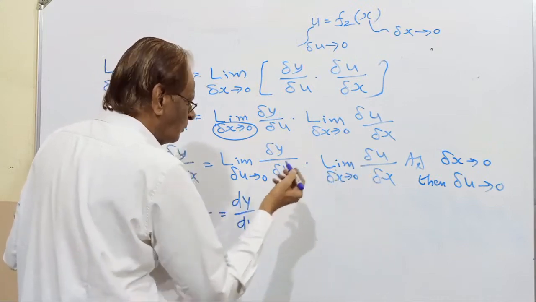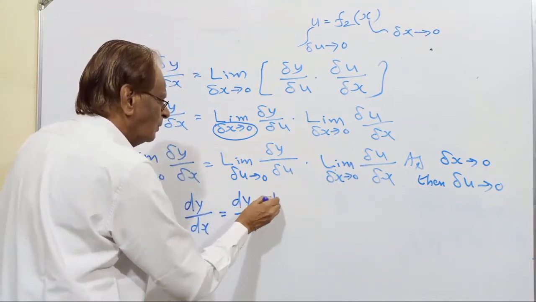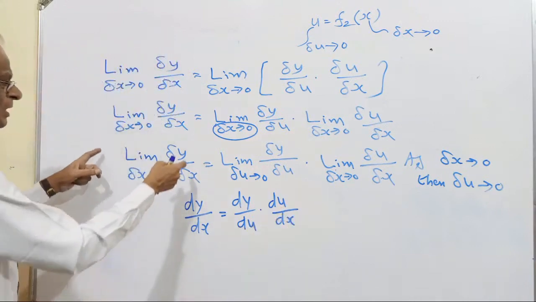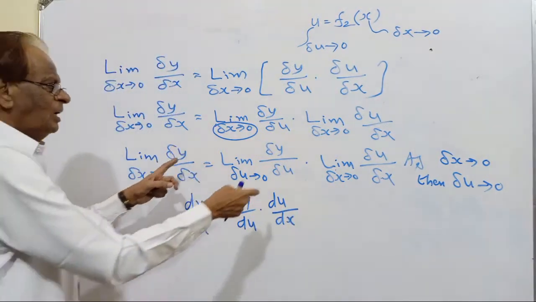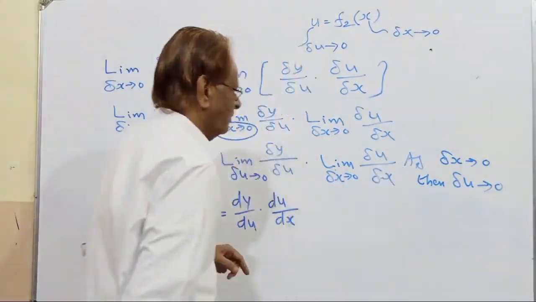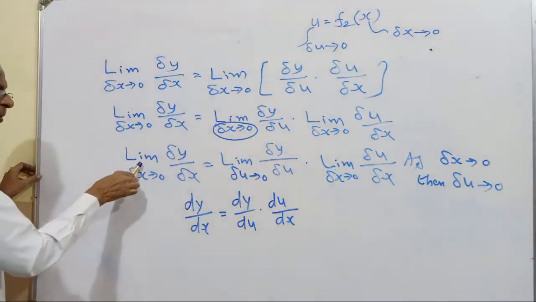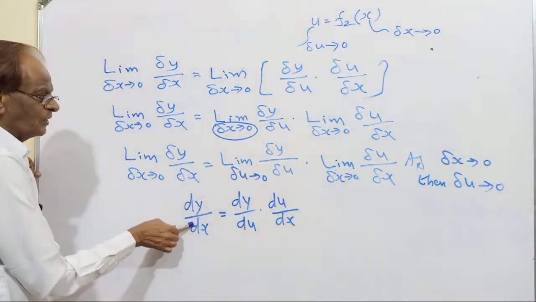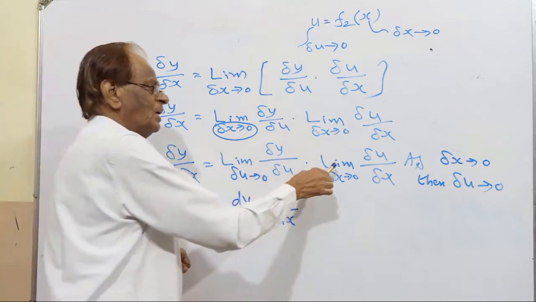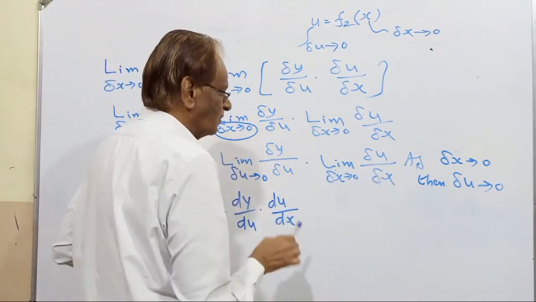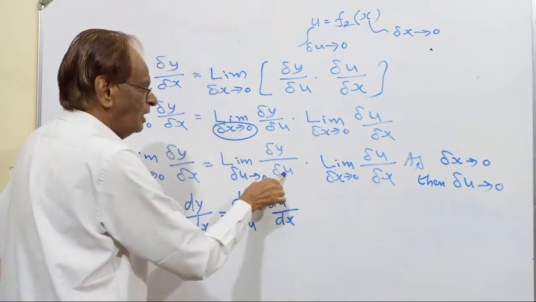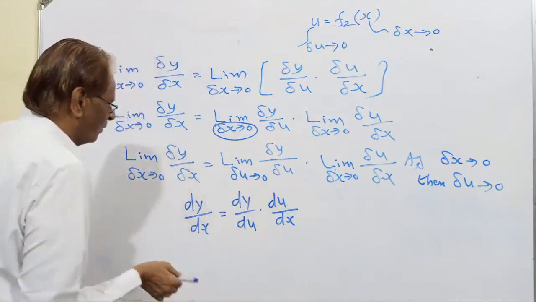When the denominator approaches 0, it is differentiation. This is dy by dx. This is dy by du. This is du by dx. Denominator delta x approaches 0. Denominator delta u approaches 0.